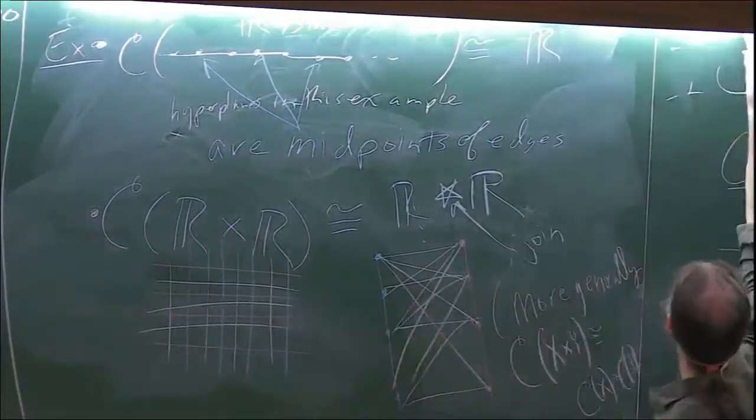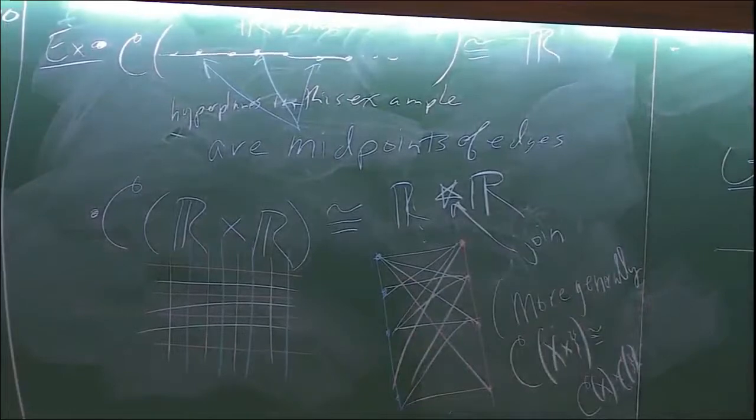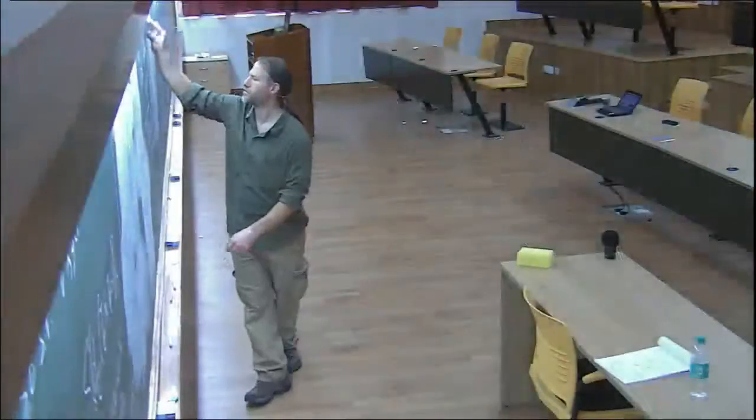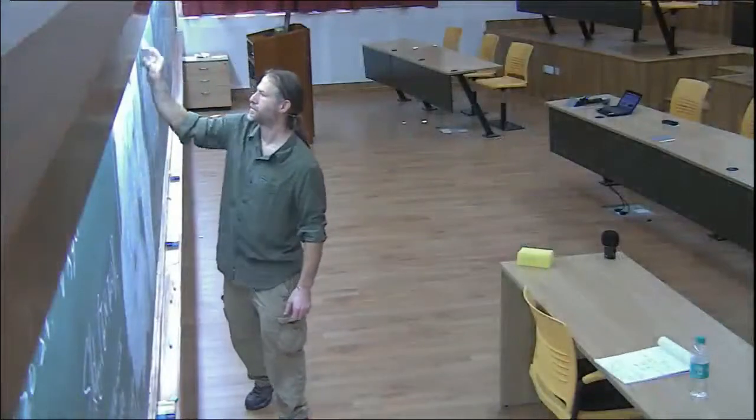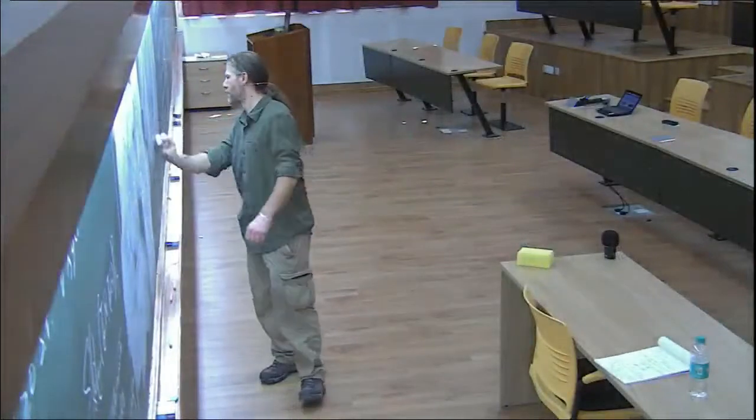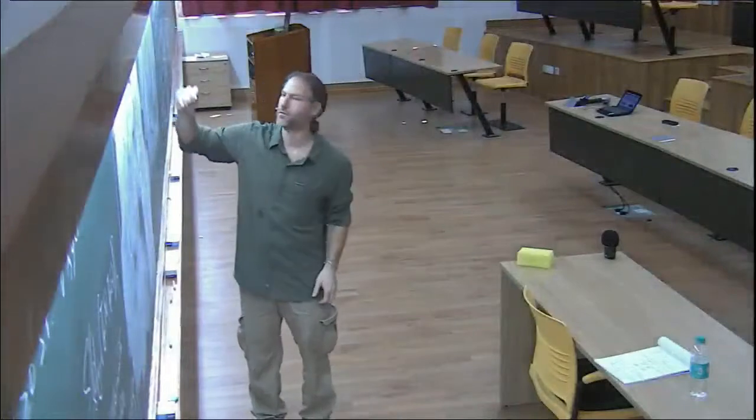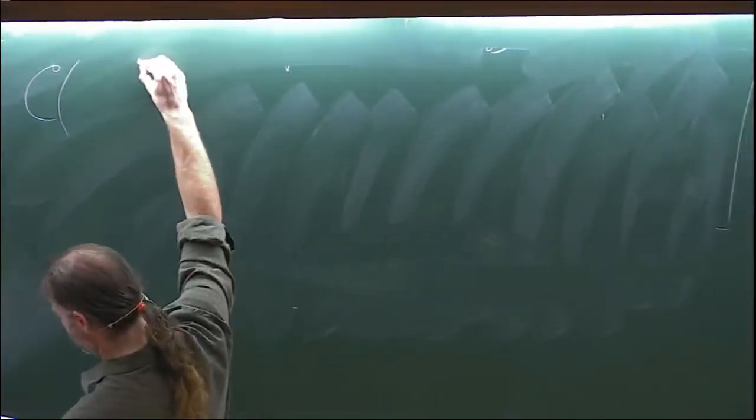Okay, and maybe just one more example. Let me do a finite example. There's nothing I said here that required that these be infinite cube complexes that I'm working with. So we could even take the contact graph of some concrete examples.